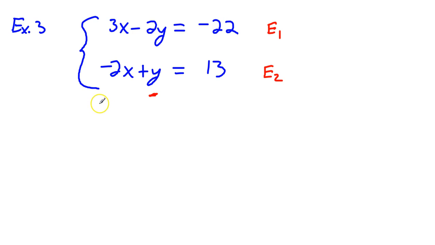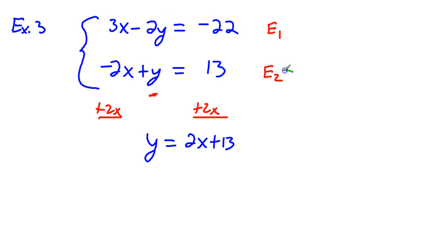So for this one, we'll just add 2x to both sides. If we do that, y would equal 2x plus 13. All we're doing is taking equation 2 and rewriting it. The only reason we did that was so the y is by itself, which makes it a little bit easier.